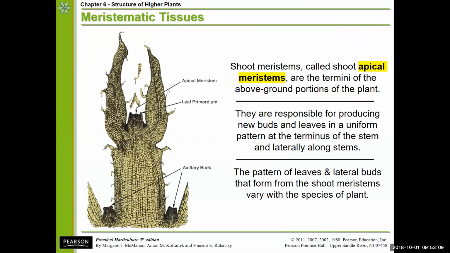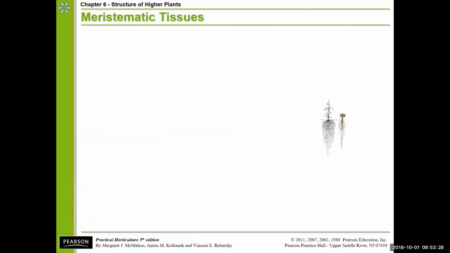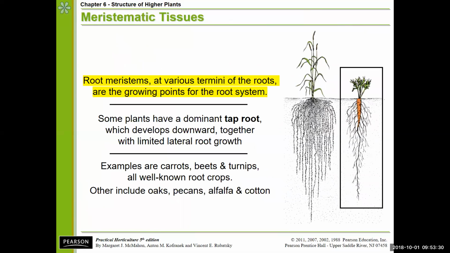Again, the apical meristem is the terminus of both the above ground and below ground parts of the plant. That's where the actual cells are being differentiated. Looking at roots, root meristems are the ends of the roots where the roots are actively dividing.